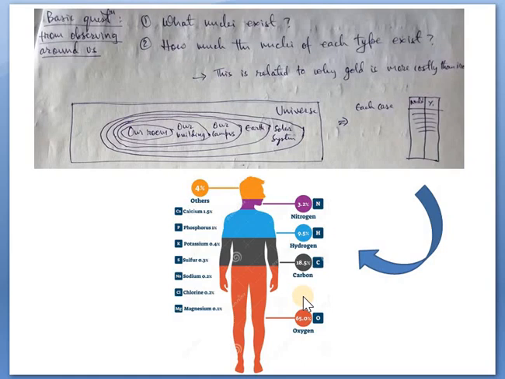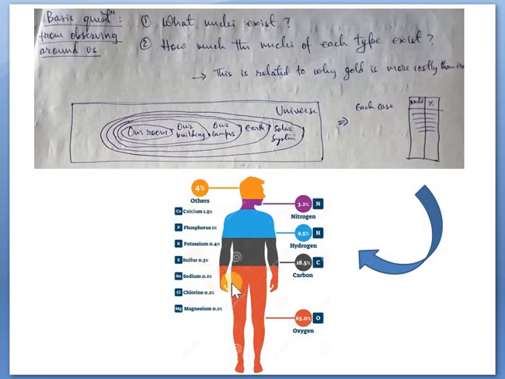So there are two types of questions. Regarding the abundance of elements or atomic composition for a human being, why does a human being consist of this much percentage of elements? This is an important question. And an even more important question is regarding the cosmic abundance. That is, why do certain elements exist in this number only in our universe?